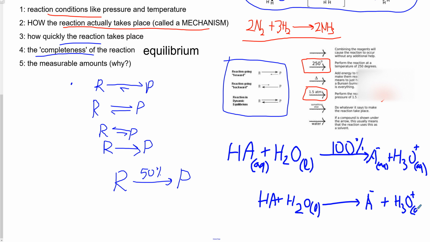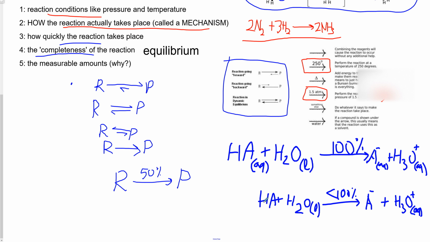It can be whatever's left from the acid. And we wrote something like this, less than 100%. That means that not all of this ionizes. So in a strong acid, all of it ionizes to form hydronium and the counter ion. But in a weak acid, only some.